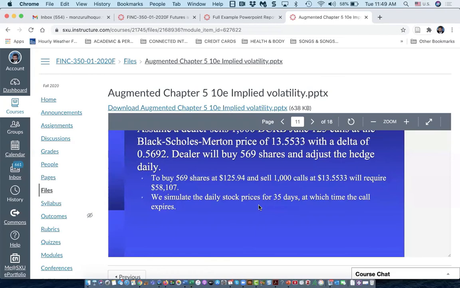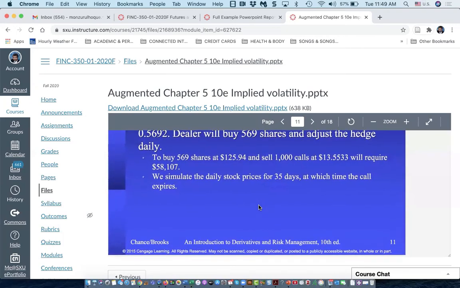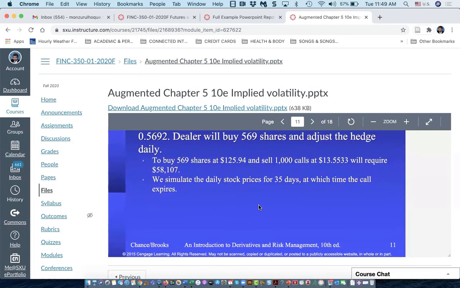Based on the delta, you sold the call. On your exam, I will just ask about the concept of delta hedging, maybe as a part of another question. You just have to be clear what delta hedging is.